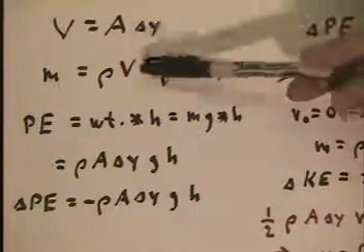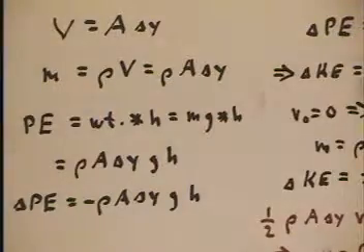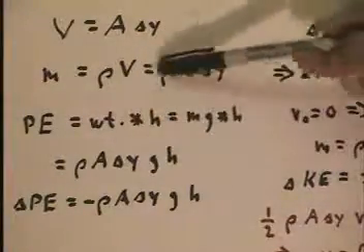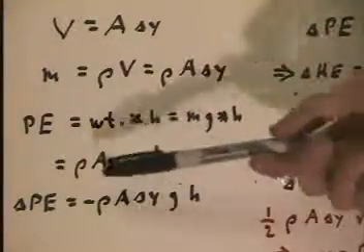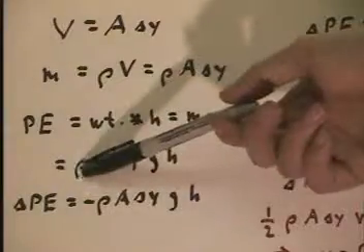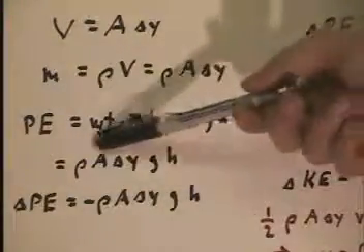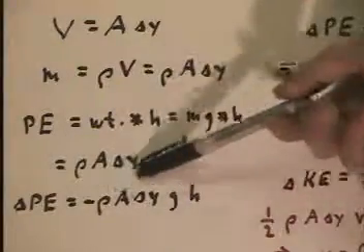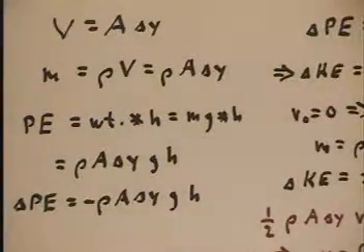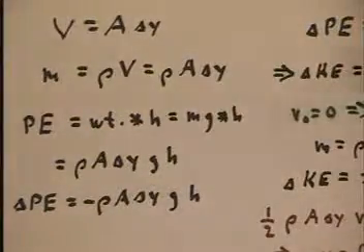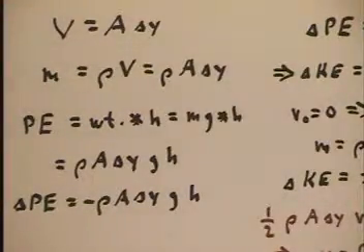We're just building up the quantities in the same order we did before. Potential energy will then be weight times h. The weight is m times g, the mass times gravity. So ultimately we have rho A delta y g h. Remembering that A delta y is the volume and rho is the density, this is mass times g times h. The change in potential energy is therefore negative rho A delta y g h.